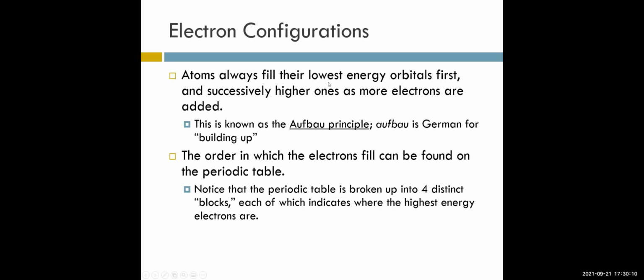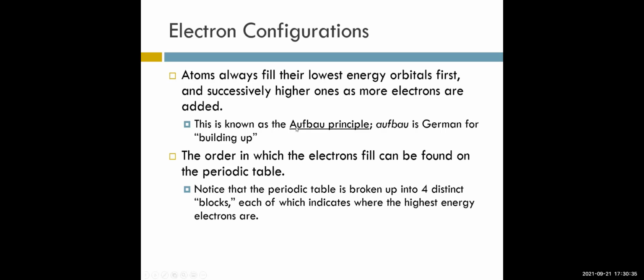Atoms always go lowest energy to highest energy when they fill the electrons. This is called the Aufbau Principle. Aufbau is German for building up. I honestly thought for years and years it was named after a man named Aufbau, because all these other rules are named after some guy or another.